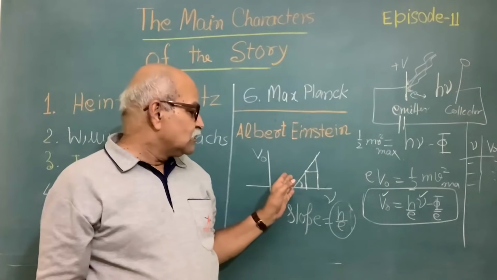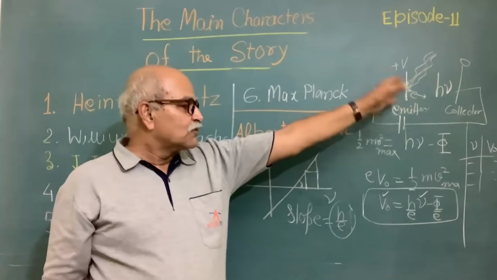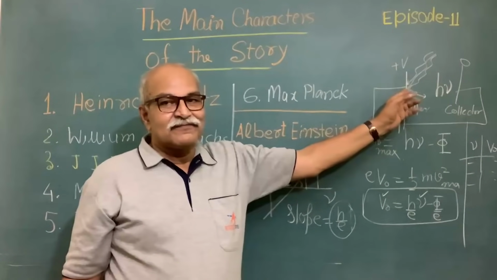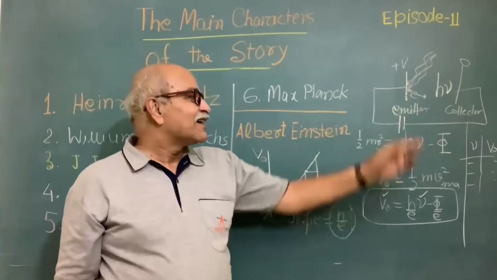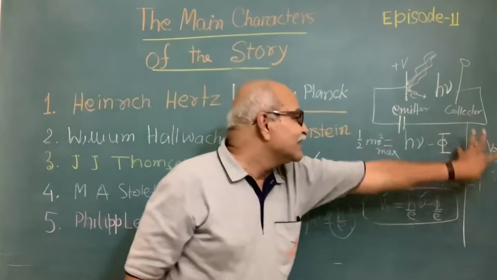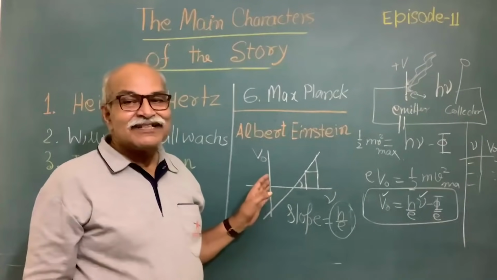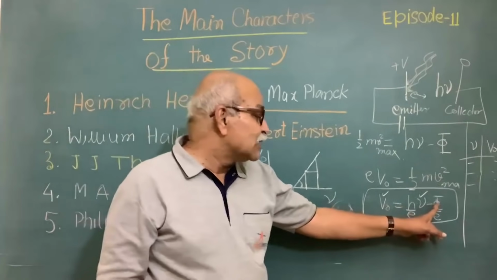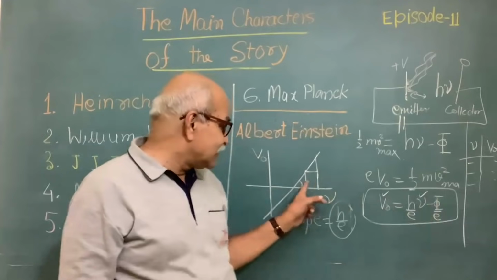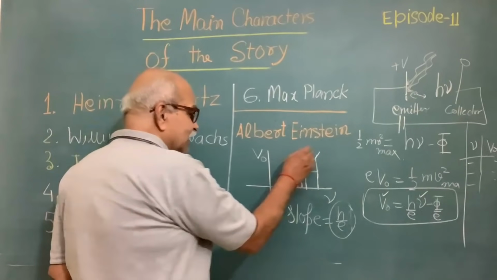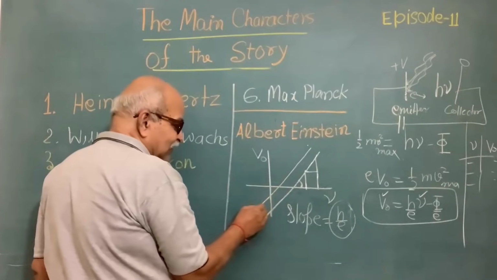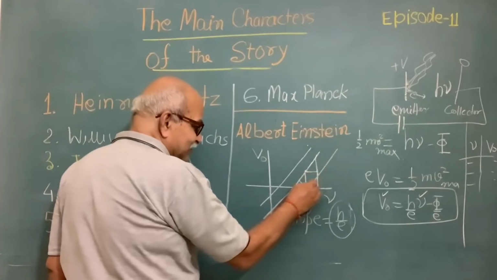So you can use different materials. For one material, you collect all the data and plot. Now you change the material, so the work function is changed. Again collect the data and plot. What will you see? The same slope. The intercept may be different, so you may have this kind of picture or this kind of picture.